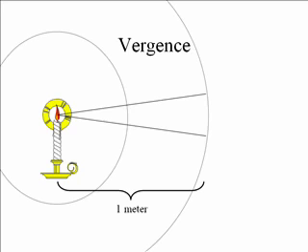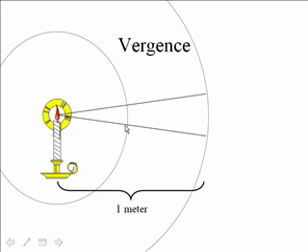Vergence as an absolute value tells us where the rays of light converge, and the relationship is 1 over the vergence value is equal to the distance in meters to where the rays of light converge. So if I ask what is the vergence at 1 meter from the candle, the answer is the absolute value of the vergence is 1, because 1 over 1 is equal to 1 meter.